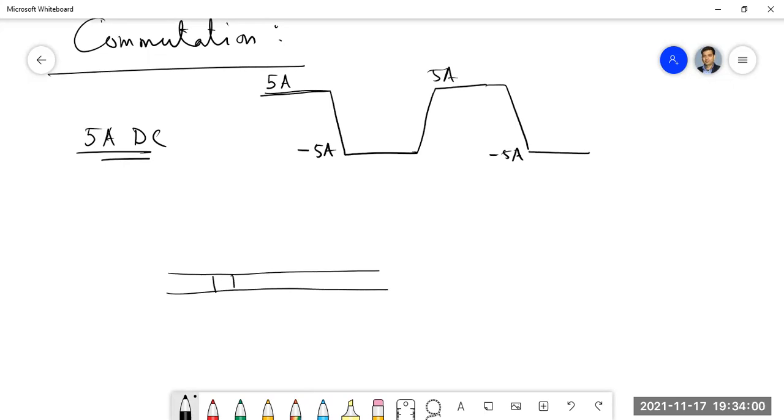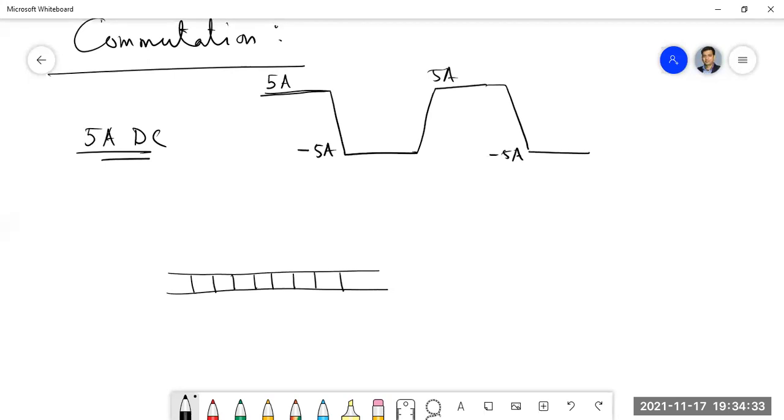I have a commutator segment. Okay, so several commutator segments I am drawing. So this is the linear view of the commutator. For this particular exercise, though that is not a practical case, we'll assume for this analysis that the width of the brush is exactly equal to the width of the commutator segments.